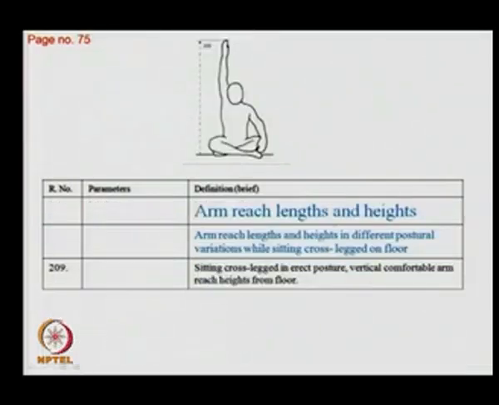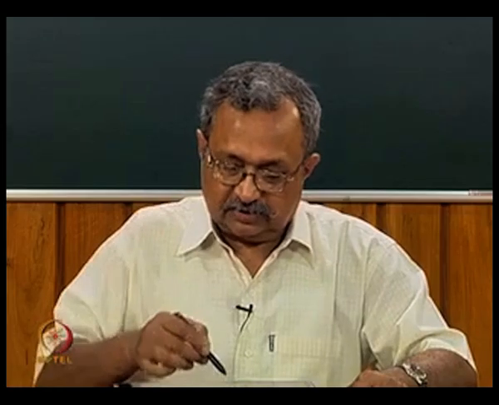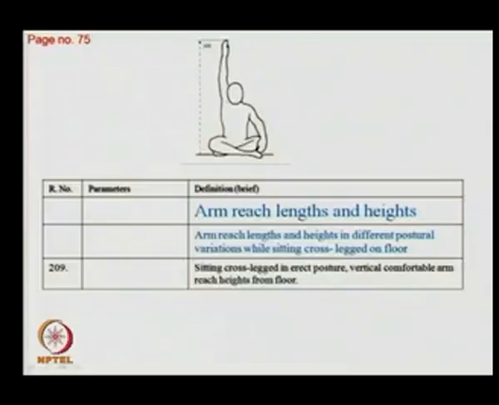Now, arm reach, length and height. If the total arm is raised, this is the arm length and height. So, the arm reach, length and heights in different postural variations while sitting cross-legged on the floor. This arm reach value, sitting cross-legged in an erect posture, is the vertical comfortable arm reach height from the floor.